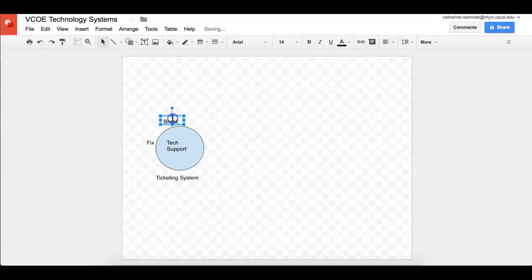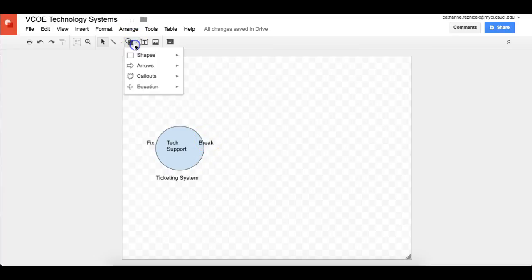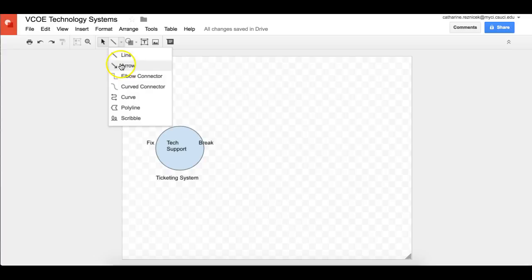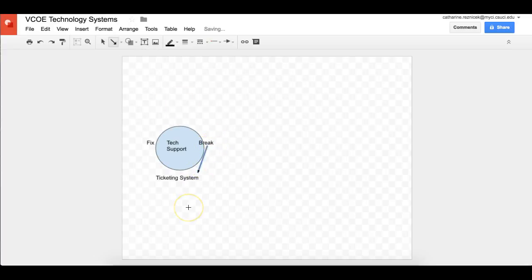the ticketing system. Something gets broken in the tech, right? So let me just do an arrow. Something gets broken, it gets reported to the ticketing system, and then hopefully it goes to the fix system, and then probably what happens is it will break again at some point, and then it'll get back to the ticketing system.